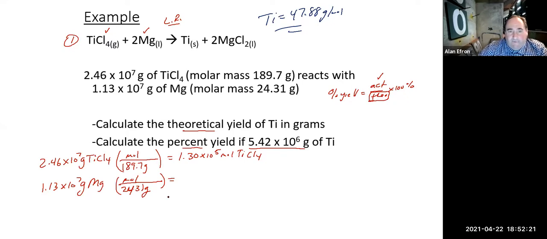Going to give us 4.65 to the 5th as well. Any questions on that step again? The second step, like normal. Okay, so again, I'm going to go with the ICE table approach here so you can see it one more time at least. So to start it, I'm just going to rewrite the equation. Remember, making sure it's balanced, and I got the correct coefficients there.